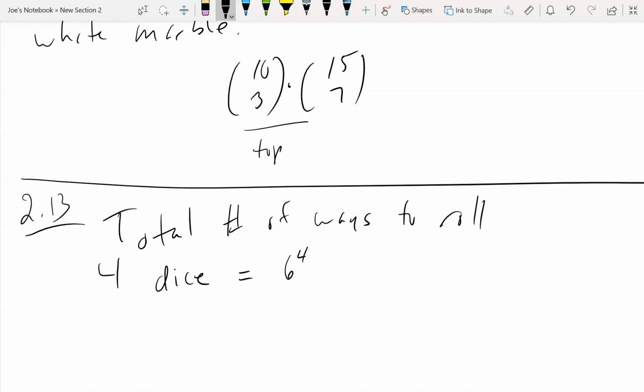So you just have no more dice. So you've got 6 possibilities.